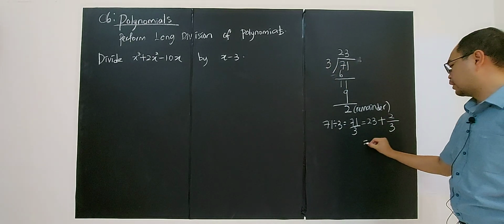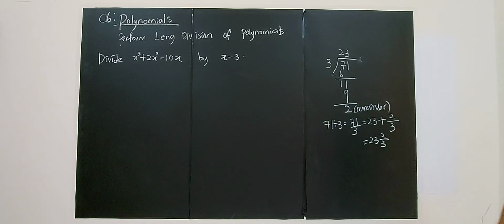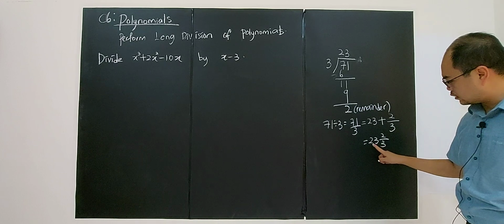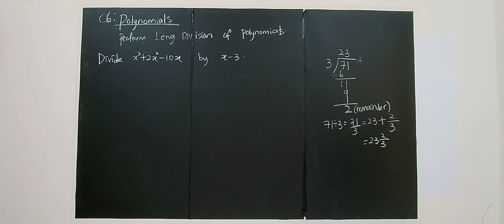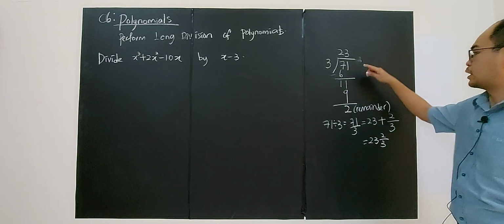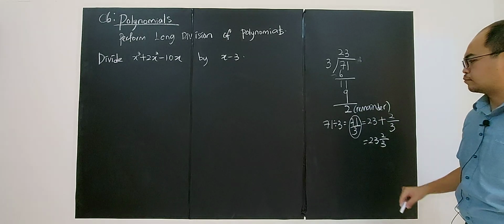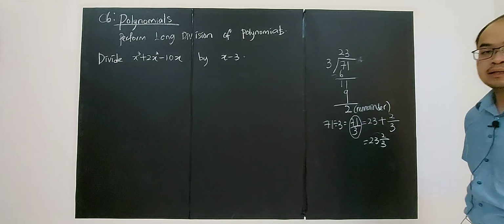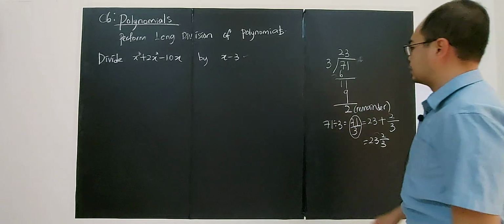So you have 23 and 2 over 3. If you calculate, 3 times 23 you have 69, 69 plus 2, you have 71 over 3. So this is an improper fraction, pecahan tak wajar, and you change it to a proper fraction, pecahan wajar. The same thing also applies here.